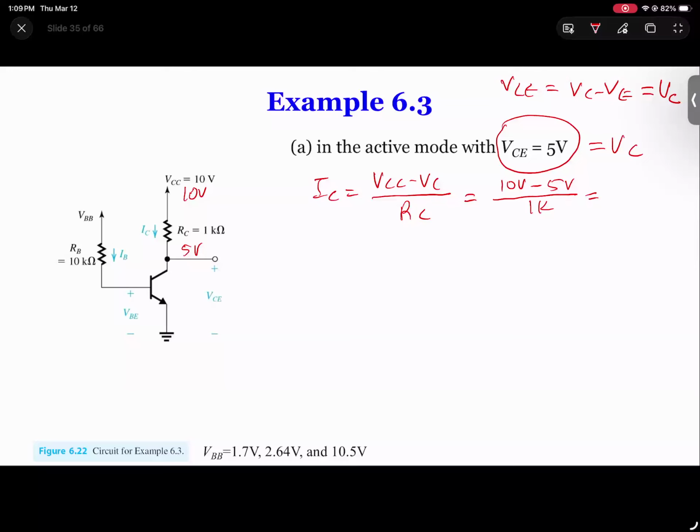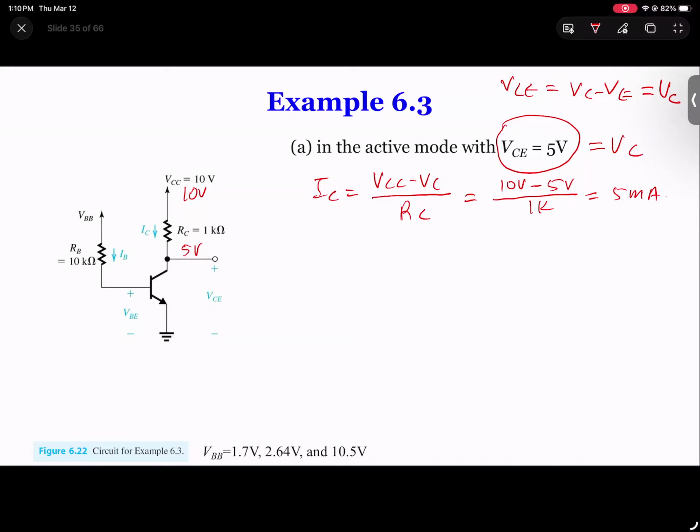That gives you 5 milliamps. That's the first step. That calculation really didn't involve anything about the transistor yet, because we know the voltage at the bottom and top of the resistance, therefore we can easily calculate IC.